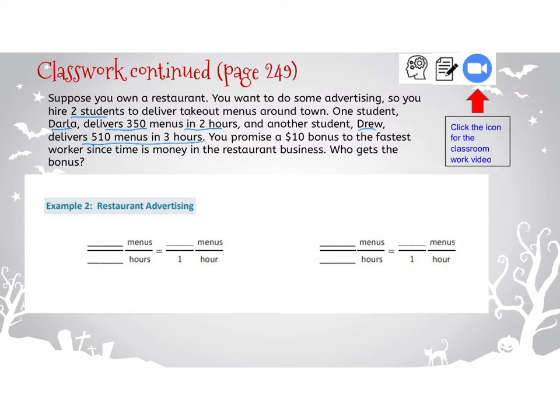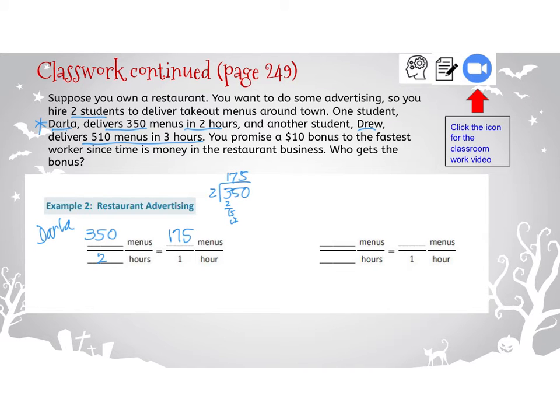If I go 350 menus, I'm going back to Darla's info, and that was in 2 hours. So now I want to do division. 350 divided by 2 is 175, and this is our rate. 175 menus in an hour is what Darla is able to do.